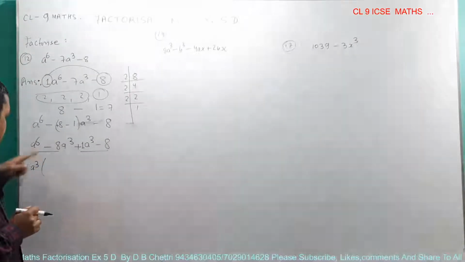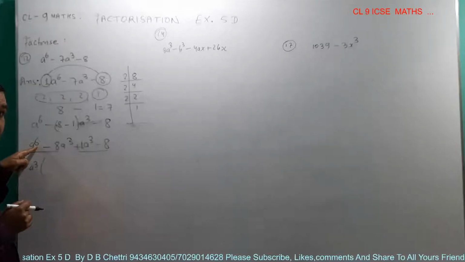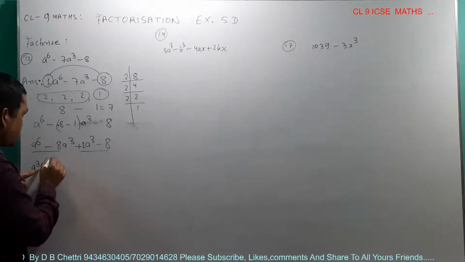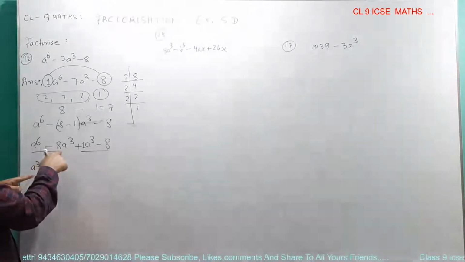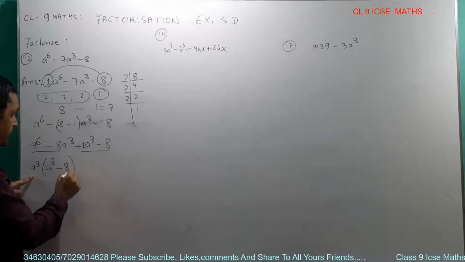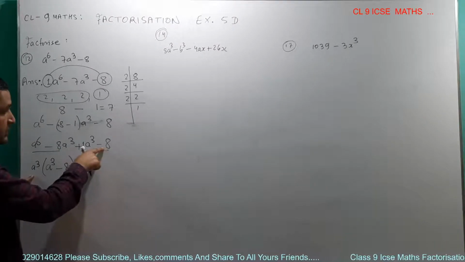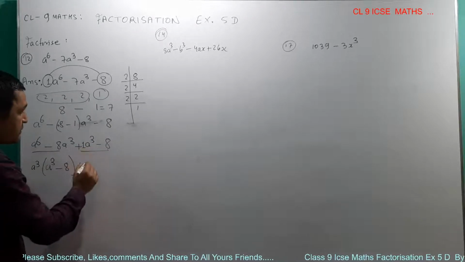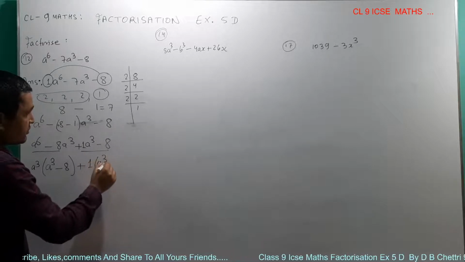Out of this a to the power 6, we are taking a cube common, and a cube is left. Then from the other group we take a cube common. What is left from here? 8. In these two numbers there is no common, so we can take 1 as common. So we take 1 as common, which leaves a cube minus 8.